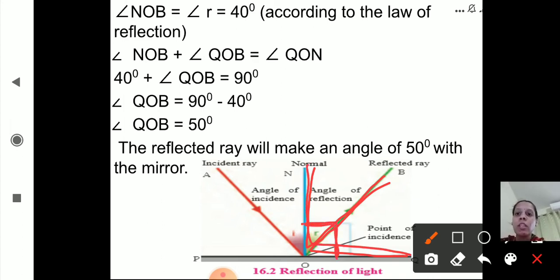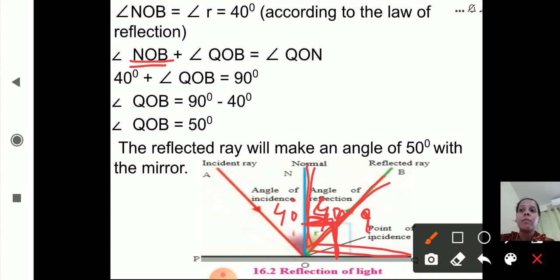So what is QON? QON is equal to 90 degree, right? Normal, that is. So NOB is given 40 degree. Why NOB is 40 degree? This is because angle of incidence is given 40 degree. So angle of reflection also 40 degree. And these we have to find out. This whole is what? 90 degree. And angle of reflection is given 40 degree. So these we will find out.